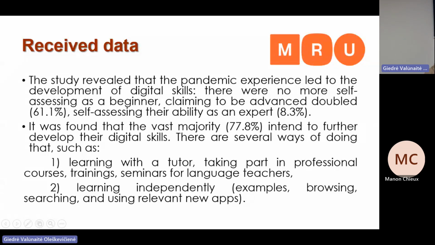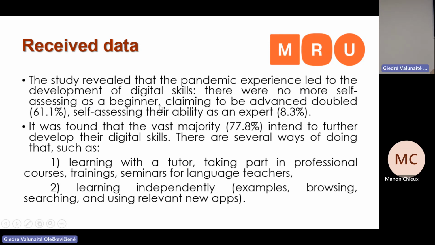So the data that we received in brief proves that pandemic experience led to the development of digital skills on the whole. There were no more self-assessing as beginner.